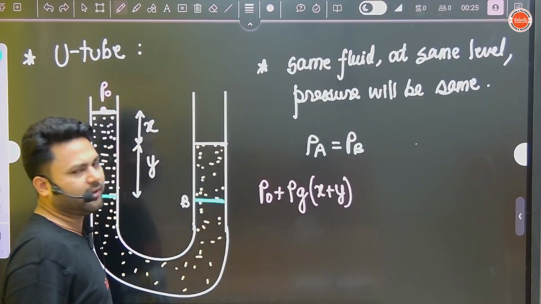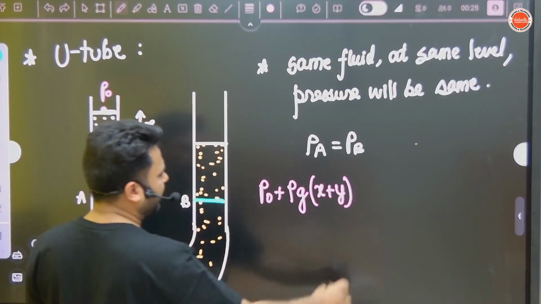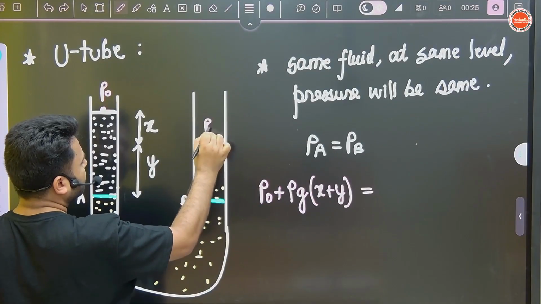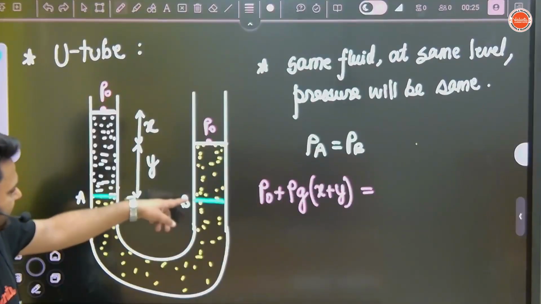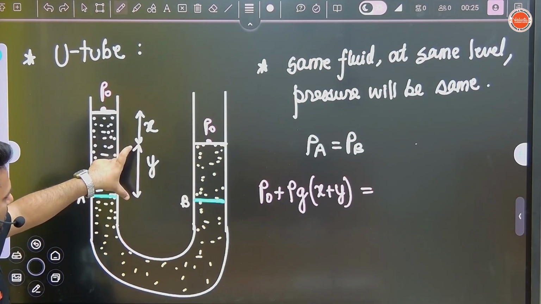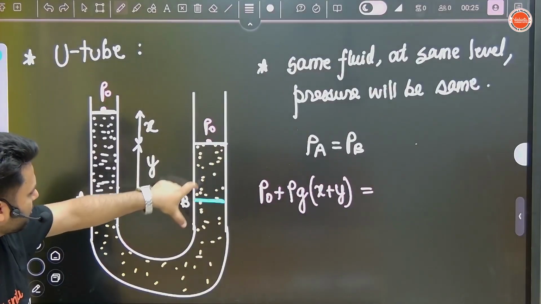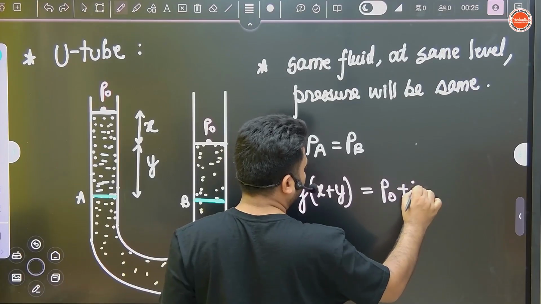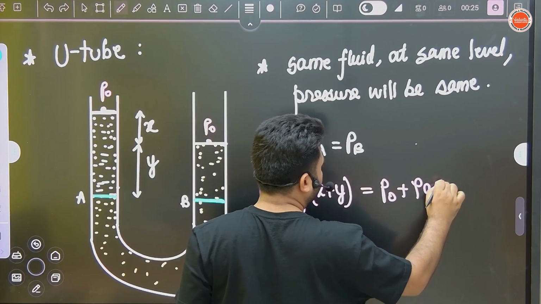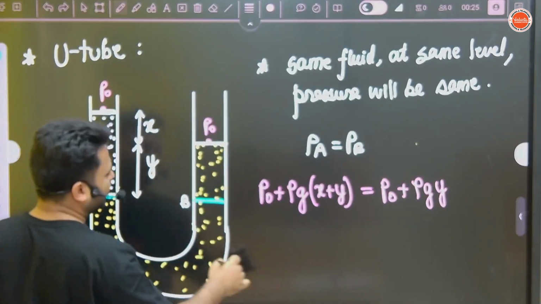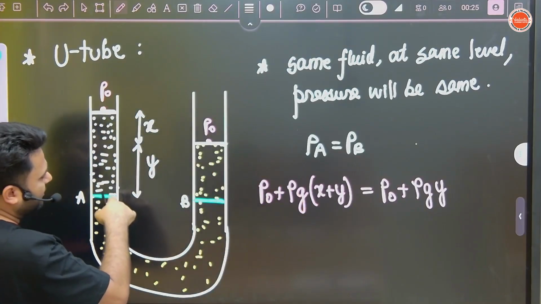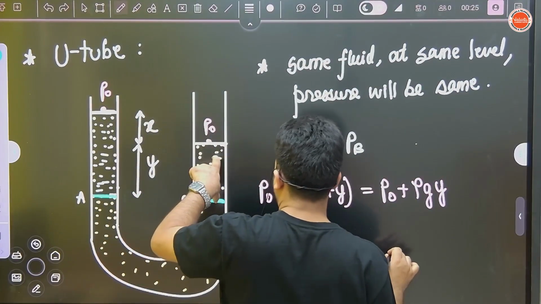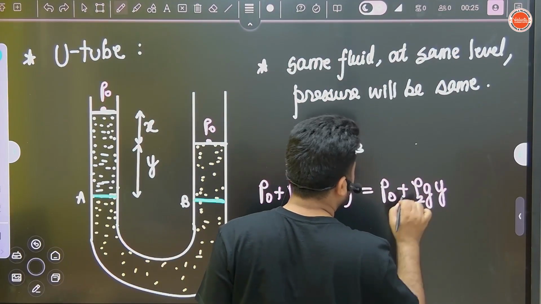Similarly, pressure at B is P naught plus rho g Y, since the depth is Y. This is another density, another liquid. So I am writing density of liquid 1 and density of liquid 2.